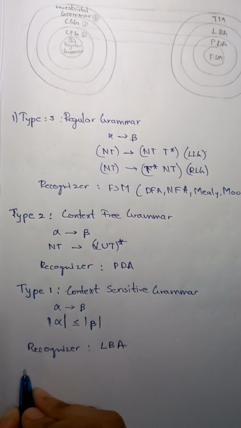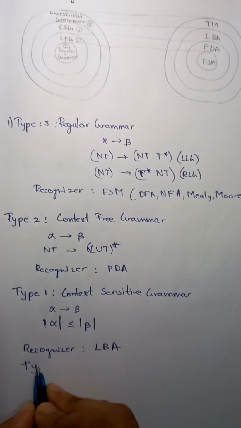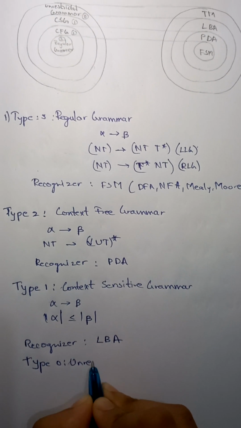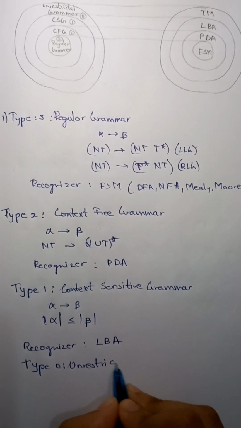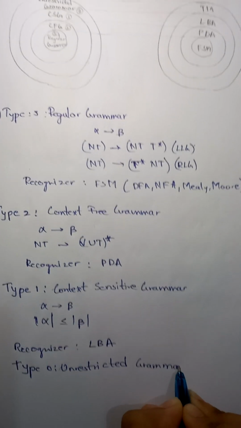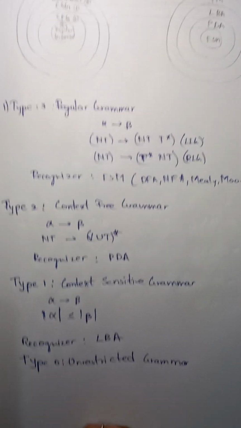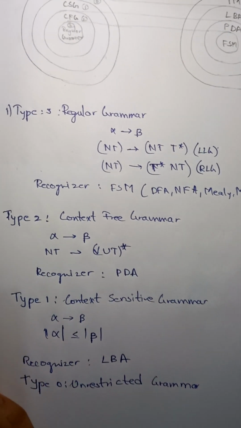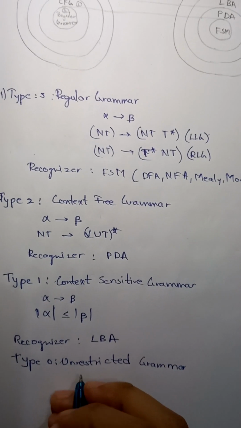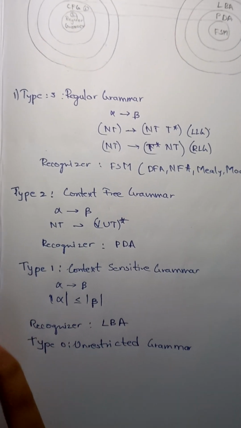The next type of grammar is type 0. Type 0 grammar is unrestricted grammar. And the languages that are given by unrestricted grammar are recursively enumerable languages.